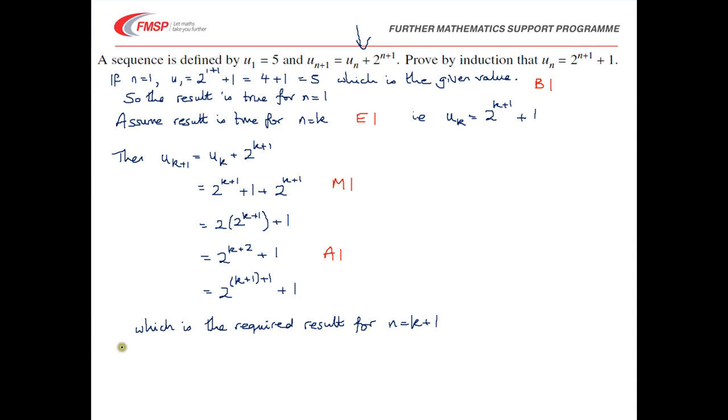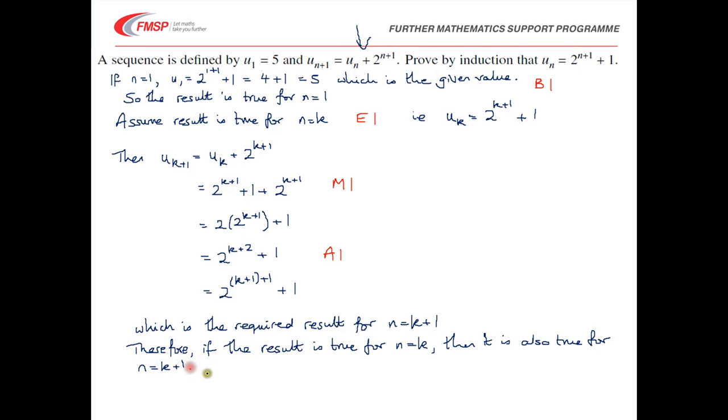And then we need to finish off exactly as before. Therefore, if the result is true for n equals k, then it is also true for n equals k plus 1.